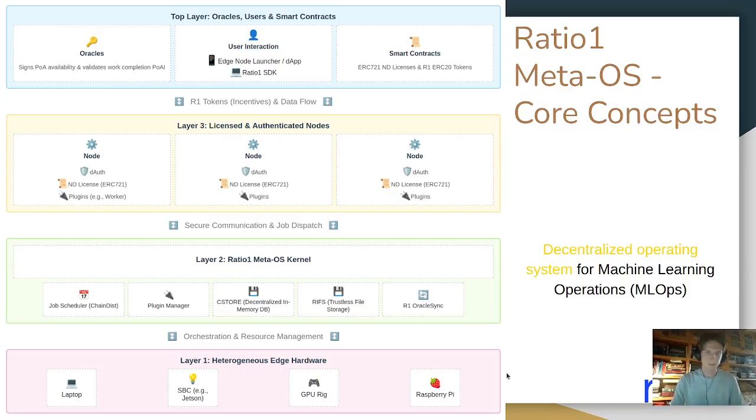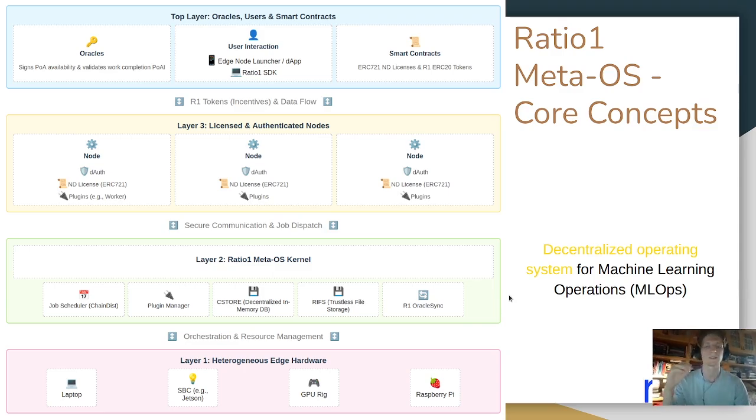Our kernel is composed of ChainDist, which I think I won't go through all concepts here, but I would like to mention the main ones, which are ChainStore and R1FS, which are basically some of the most important tools we have.